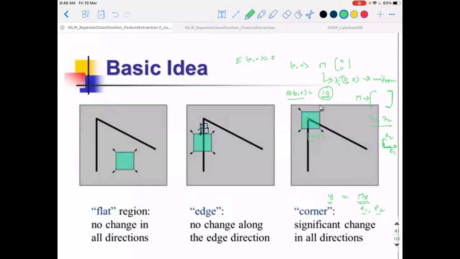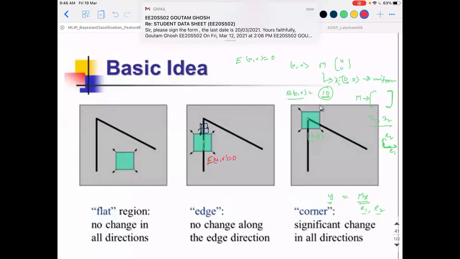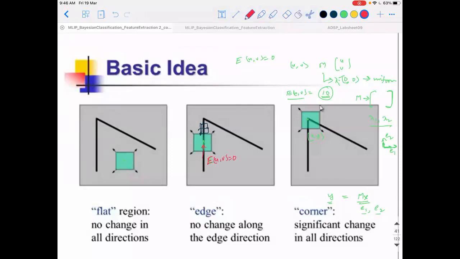In this case, for example, what will happen? If I shift in this direction, u comma v is equal to 0. Whereas if we shift in this direction, u comma v is not 0, say for example maybe 10.